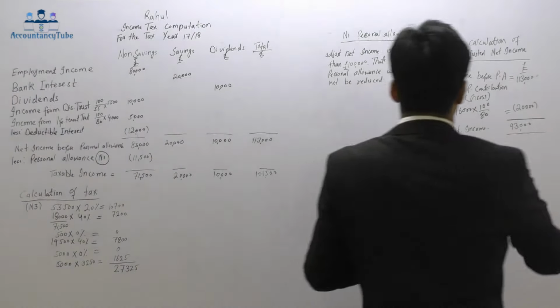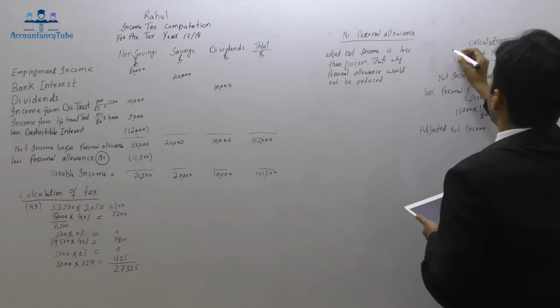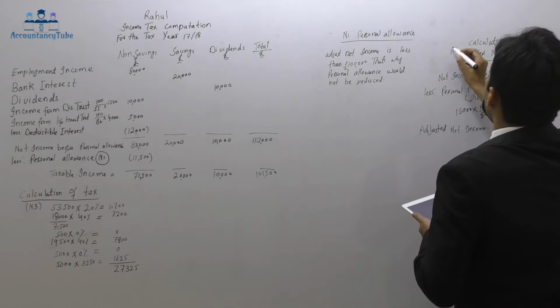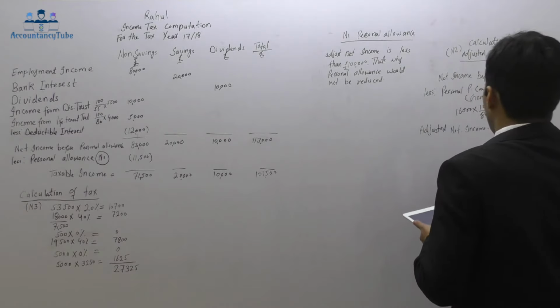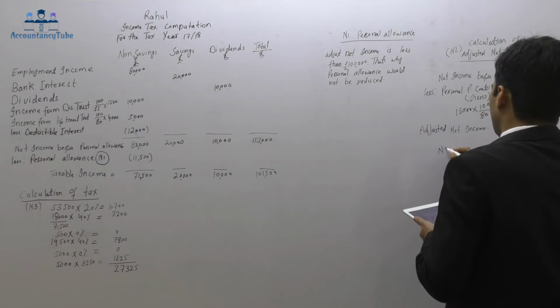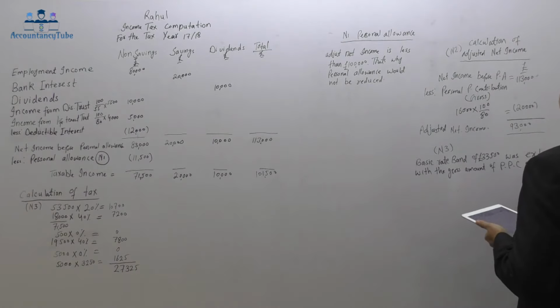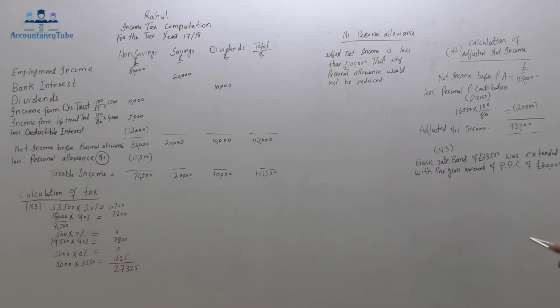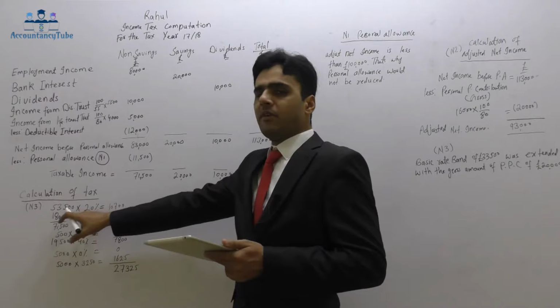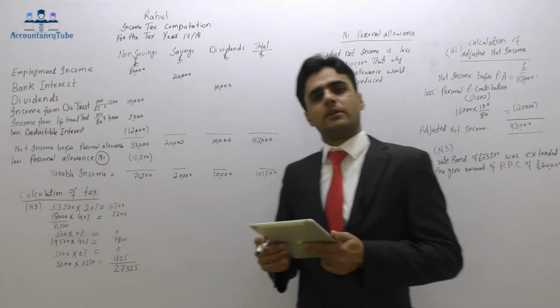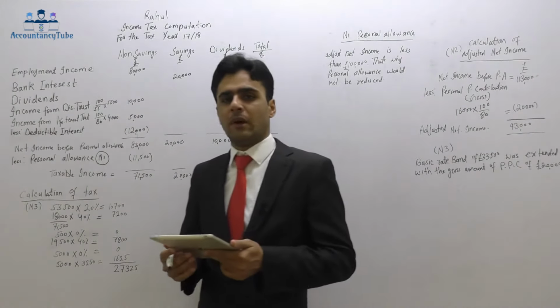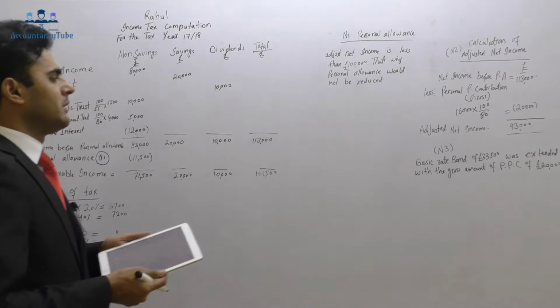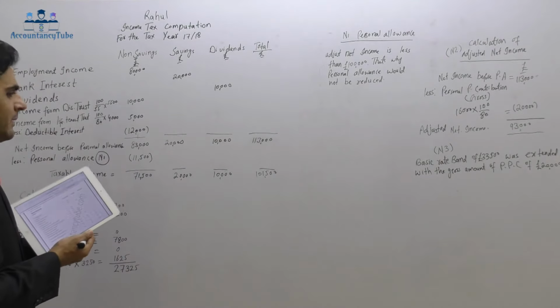Here, that would be our note 2, and that will be our note 3. Our basic rate band of 33,500 was extended with the gross amount of the personal pension contribution of 20,000 pounds. That's why I've taken 53,500 here, but I have to communicate to the examiner that I know this rule about the extension of the basic rate band.